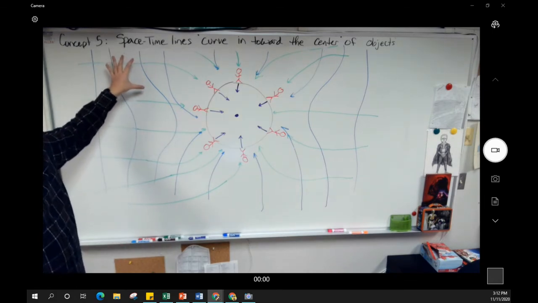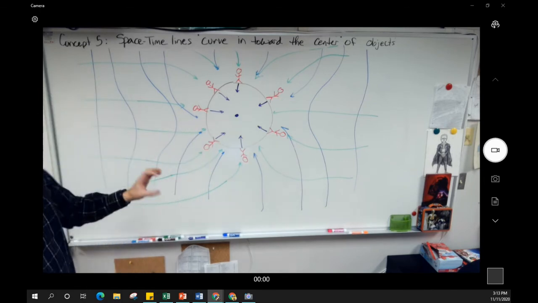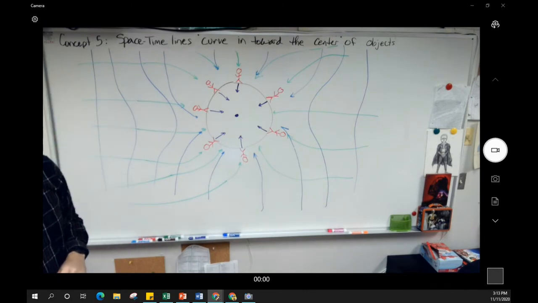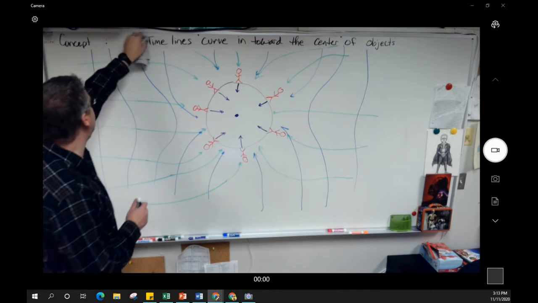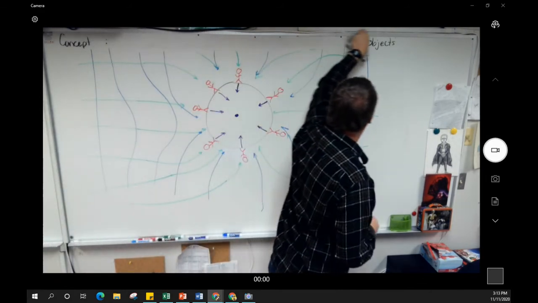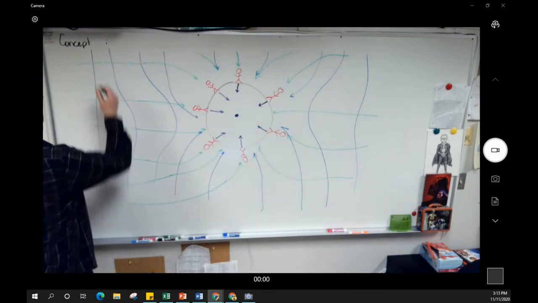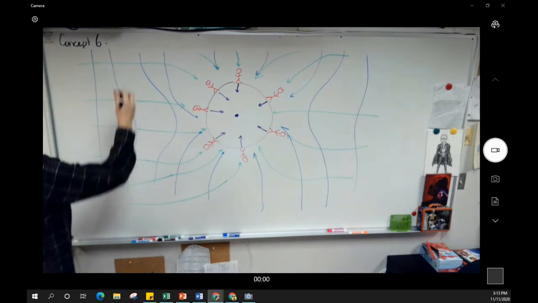So this leads us to our final understanding of what gravity is. Concept 5: space-time lines curve in toward the center of objects. So the final concept, our final explanation, our definition of gravity, is concept 6.